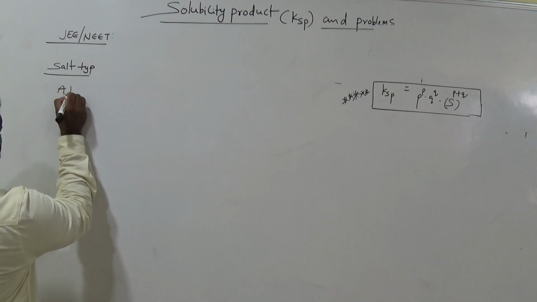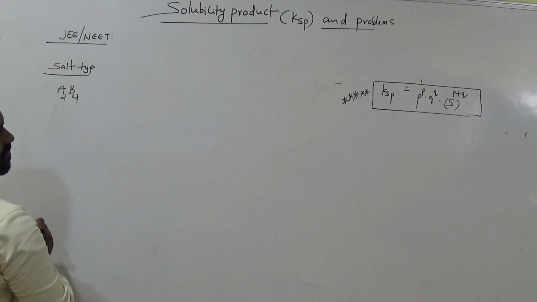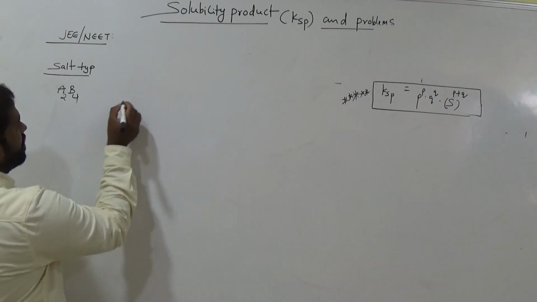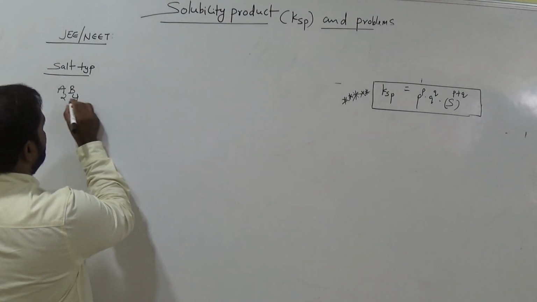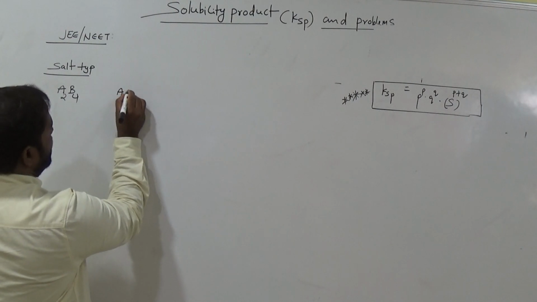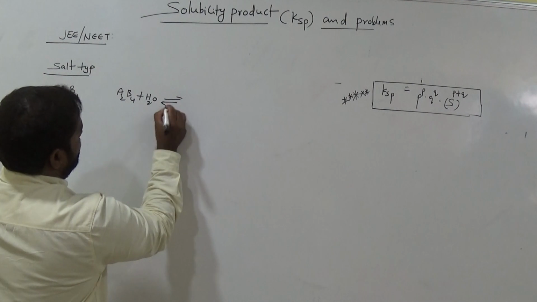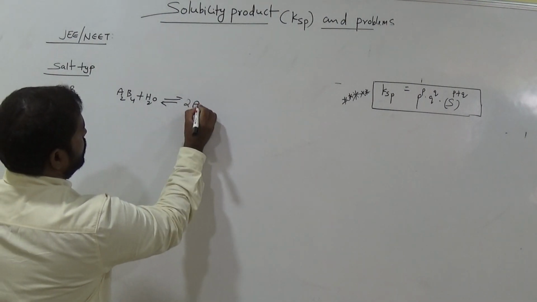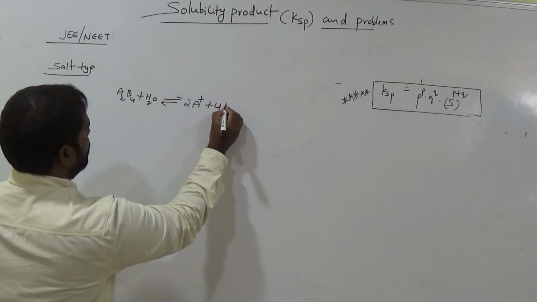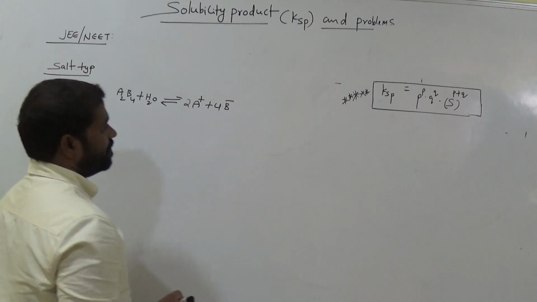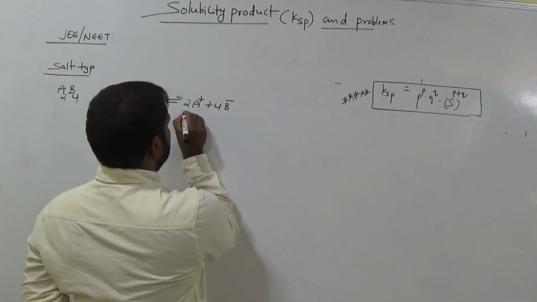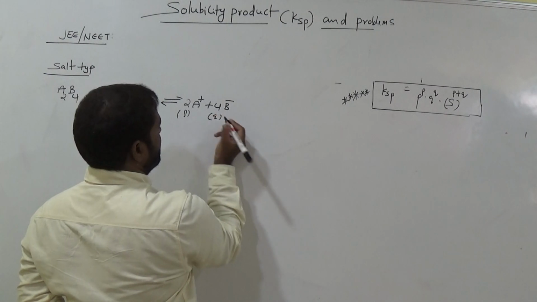Then go for A2B4. Suppose A2B4 when dissolved in water. How many A's here do we have? 2 A plus. How many B? 4. That is B minus. Now write, this is P expression, this is Q expression.